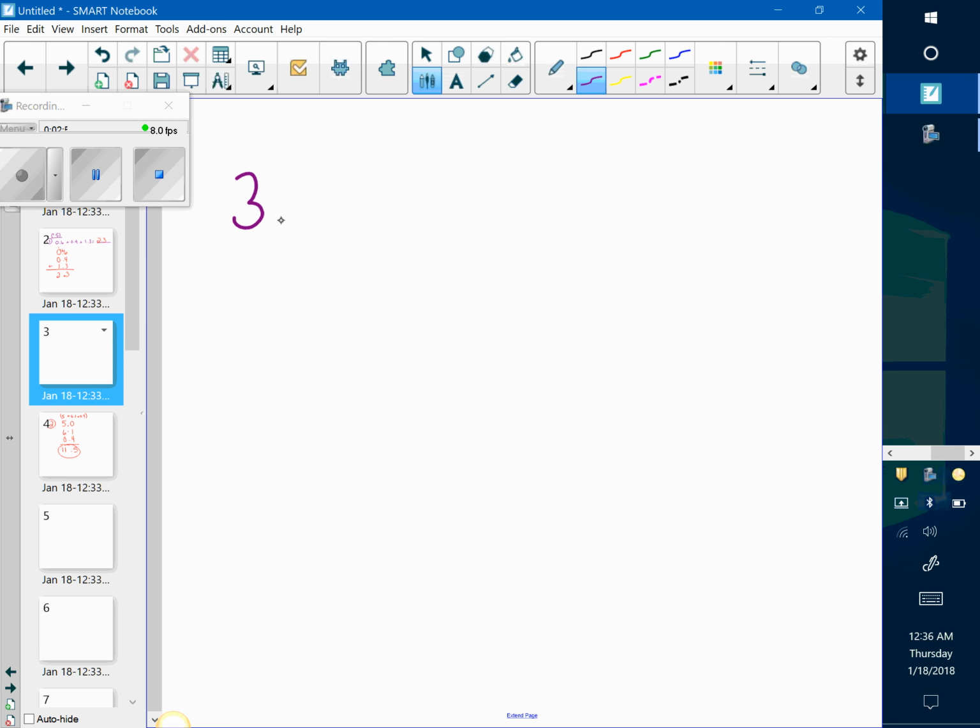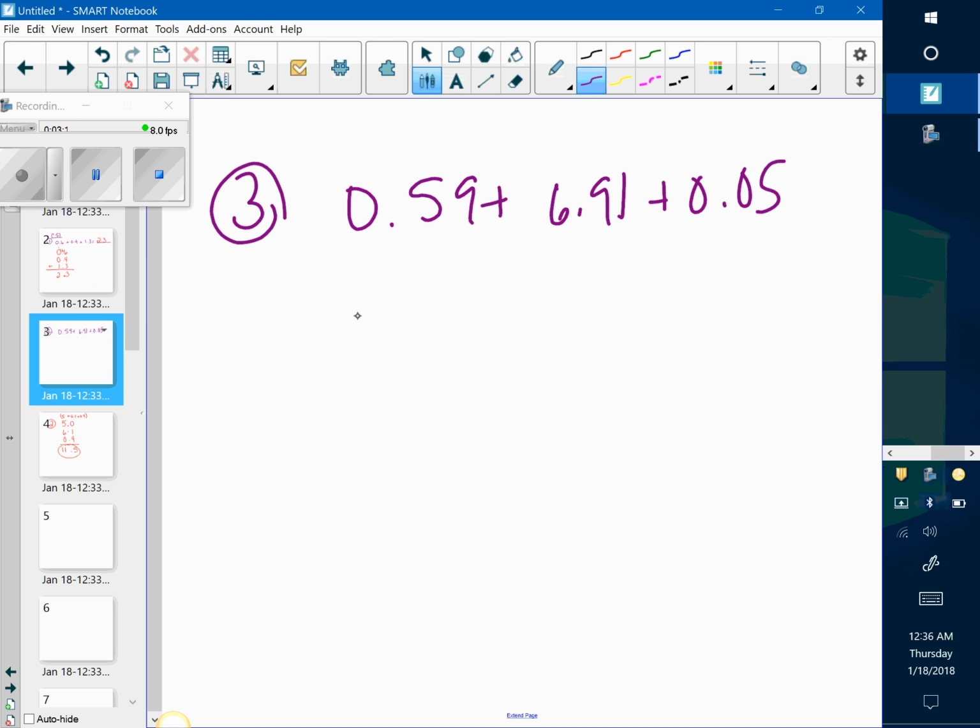Okay, number 3, in the problem they're telling you it's 0.59 plus 6.91 plus 0.05. So we're just going to line those decimals up, and we write it out like this to add it up in case we don't have a calculator. But you can use a calculator on the tests and quizzes in here.